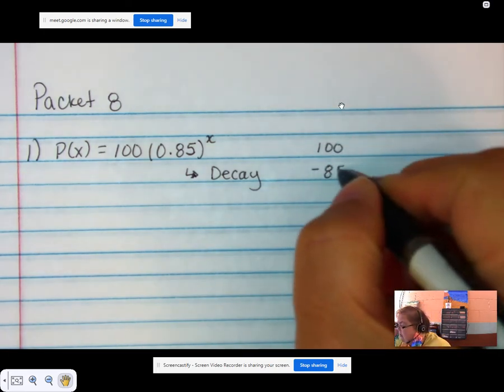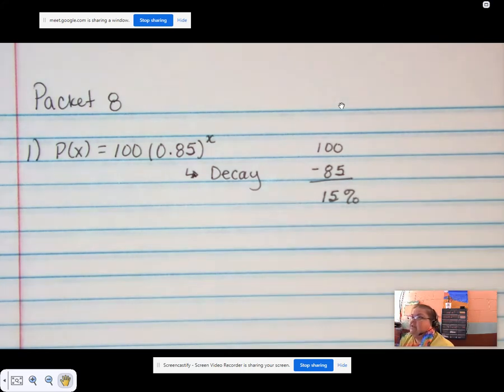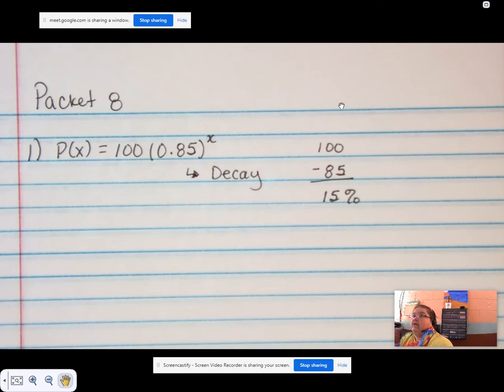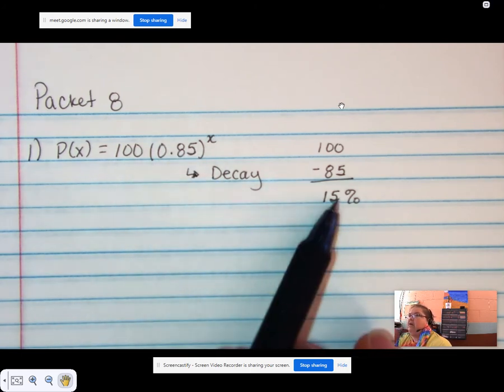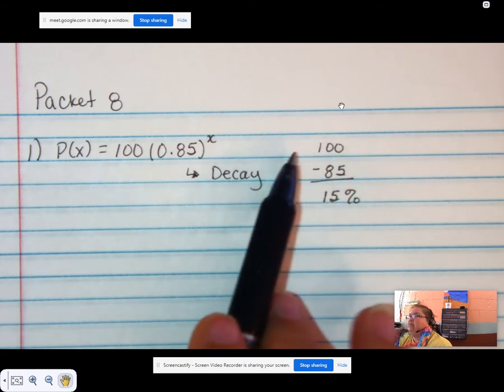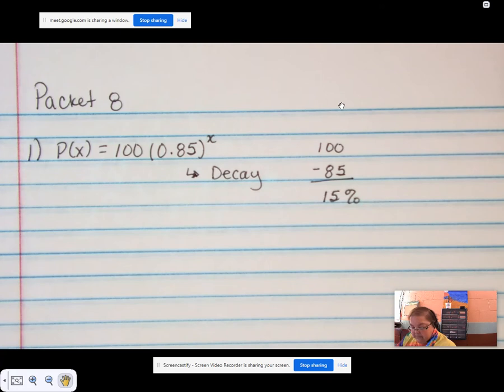Decreasing. Subtract that. What do I get? 15%. Remember, you either have a percent symbol or you have a decimal. You're not going to have both. Okay? So, if it's decreasing, how much by? I always start with 100% of my population, subtract that to get what's missing. Okay?